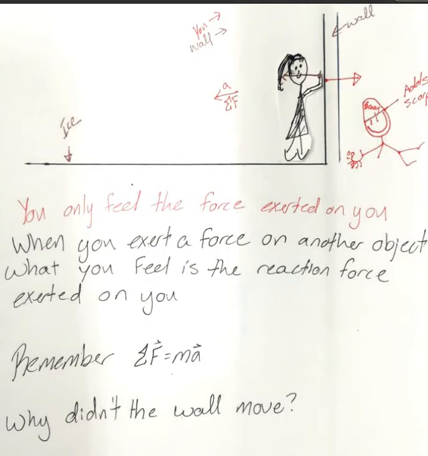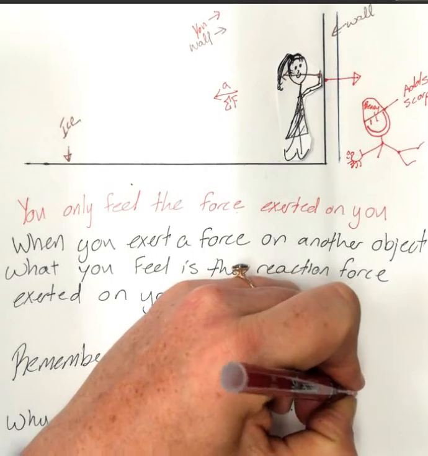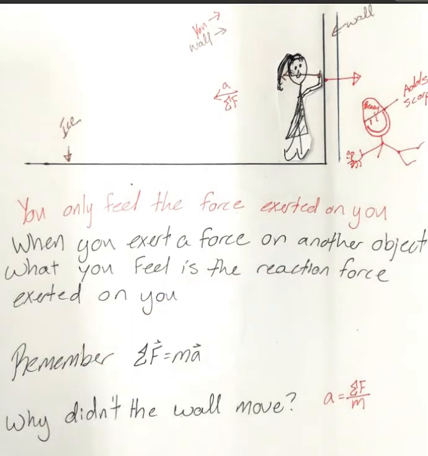Okay, so now we have some questions to ask. Like, why didn't the wall move? Well, let's think about the situation. Remember that the acceleration is going to be dependent on the net force divided by the mass. And there's a few things that we can think about.